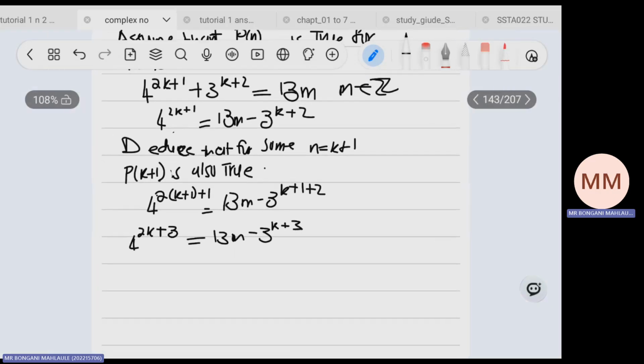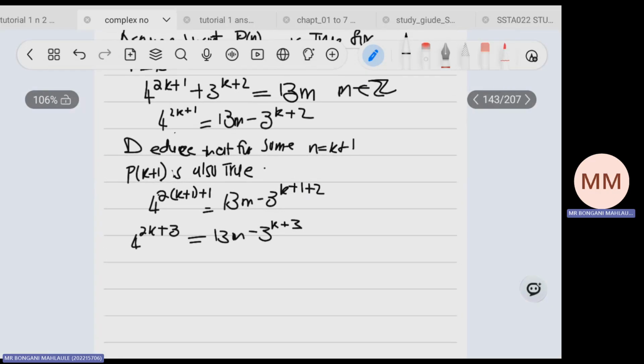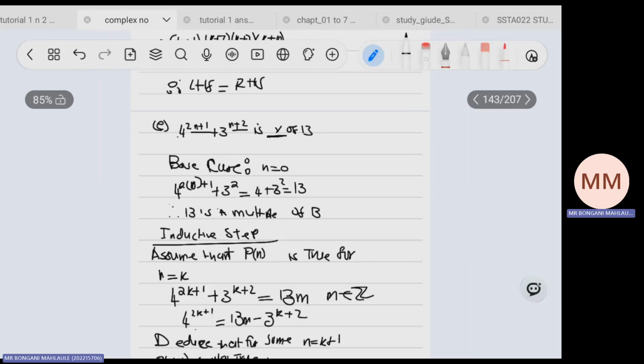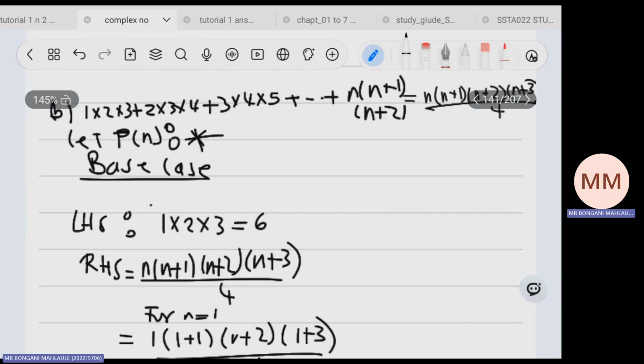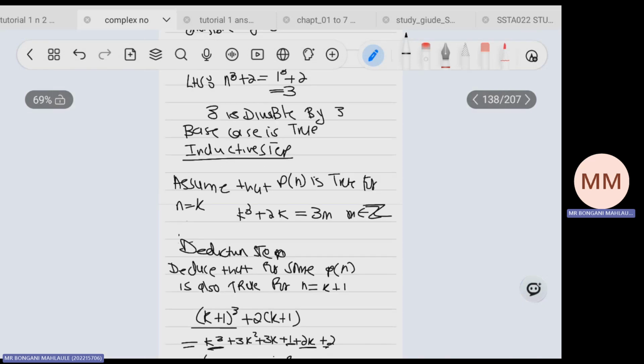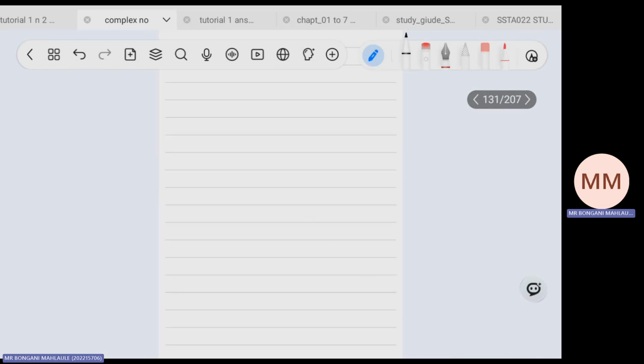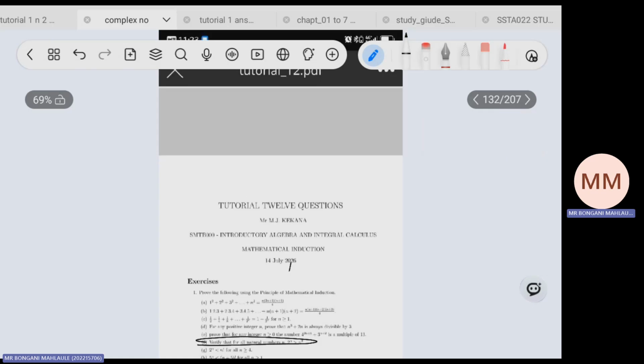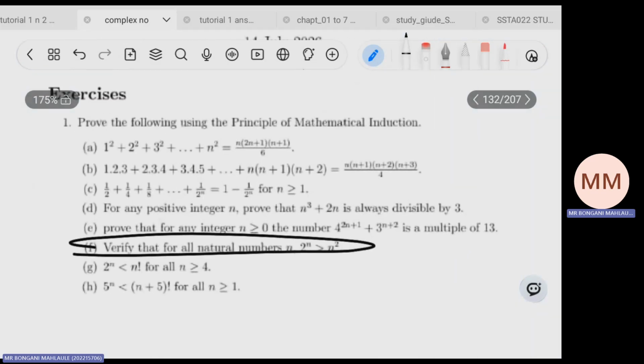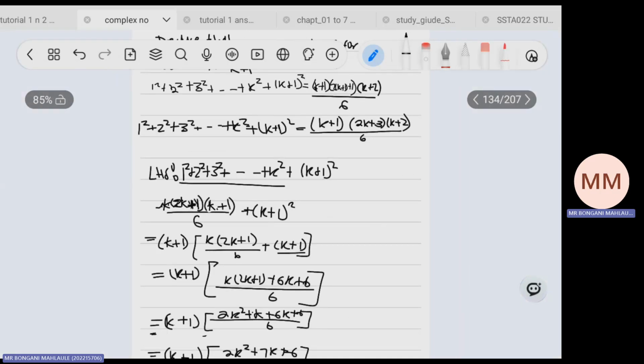So remember, I want to show the multiple of, let's go back. We want to show that, okay. They say prove that for any integer n, it is a multiple of 13.